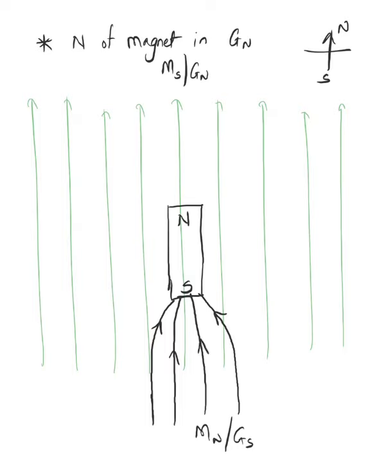Now, what about the magnetic field lines given out from the north of this magnet? Where will they go? They will go towards the magnetic south, because there is a south over there which will pull them. So all these lines will go out there. Guys, look, this is how the magnetic field lines will go.